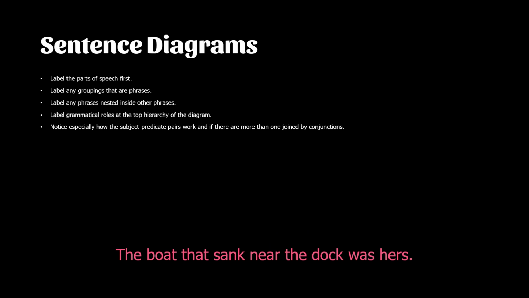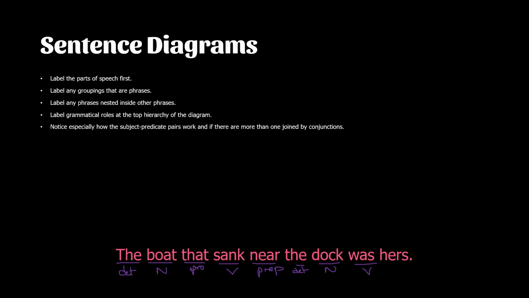Here is another type of sentence that is complex. We have a determiner. We have a noun. We have a pronoun, a verb, a preposition, a determiner, a noun, a verb.